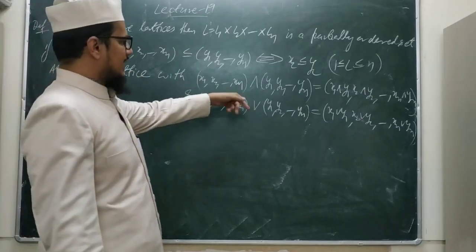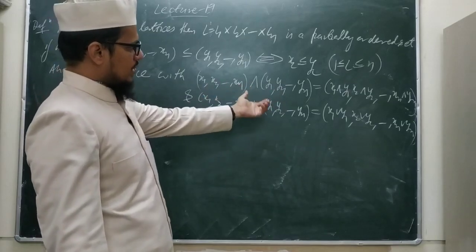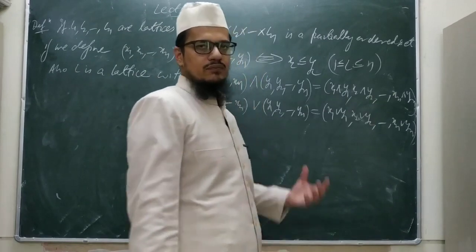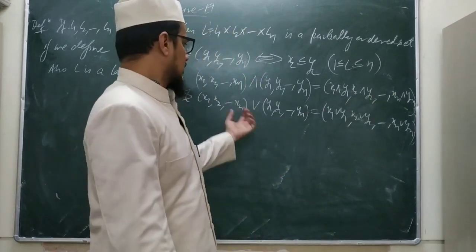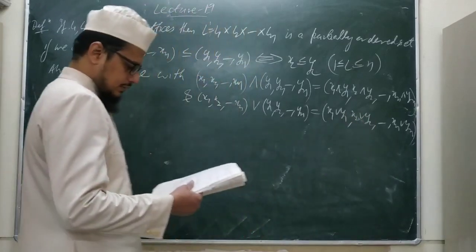And join and meet are defined like this. Correct? (x1, x2, ..., xn) meet (y1, y2, ..., yn): in each slot we will take the meet of the corresponding entries. In a similar way, in each slot we will take the join of the corresponding entries. Correct?